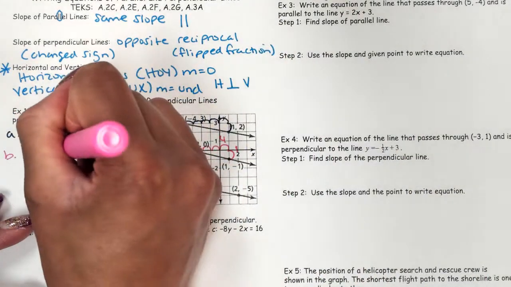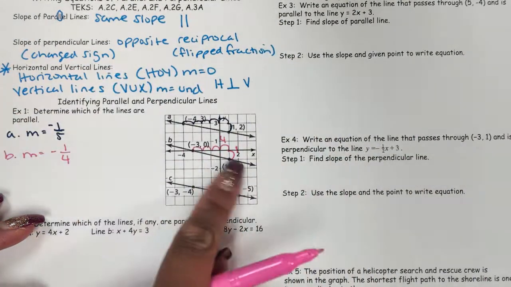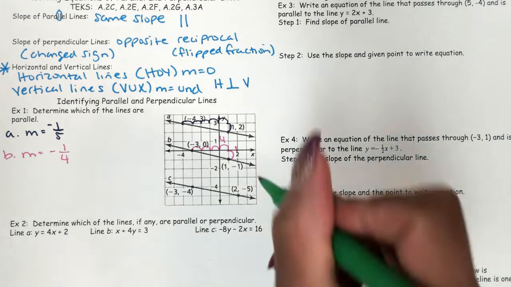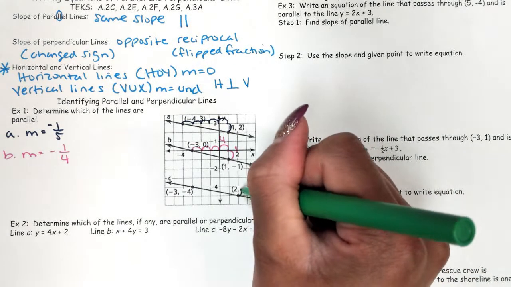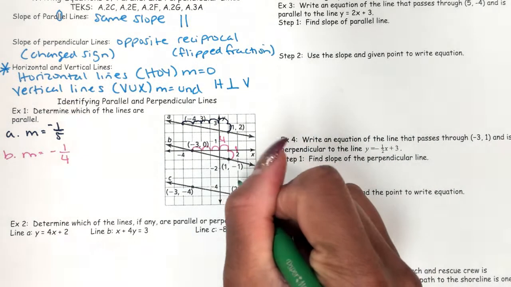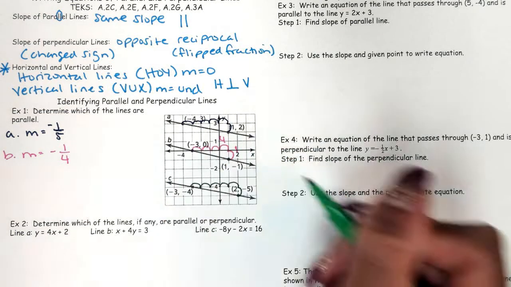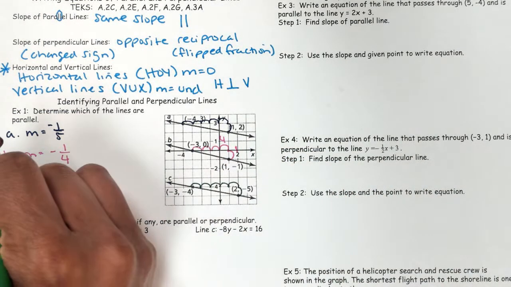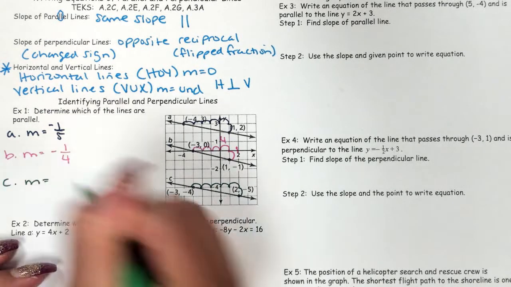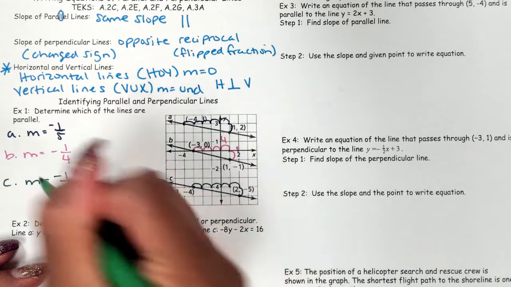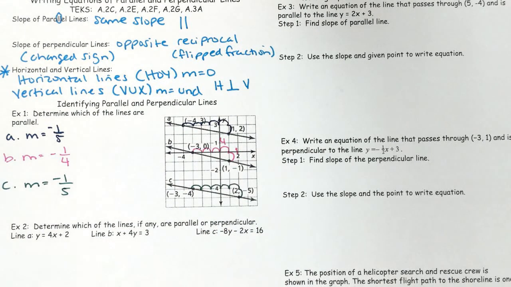So I have negative 1 over 4 because they are decreasing. And then our last one is C, so I'm going to rise up 1, and then I'm running 1, 2, 3, 4, and 5. So C, the slope is rising up 1 and I run 5, and it is decreasing, so it is negative.